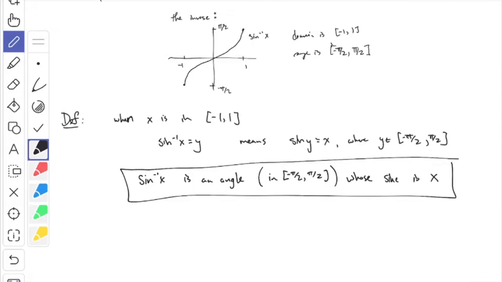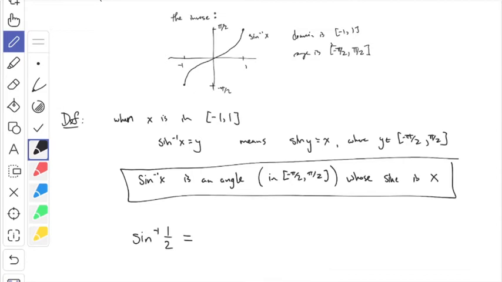So, for example, what is, let's say, inverse sine of 1/2? This is where you will want to look at that big bunch of random facts that I told you about the trig functions at the beginning. I'm asking you, what is some angle whose sine is equal to 1/2? What do you say? Anyone remember? You can flip back in your paper.